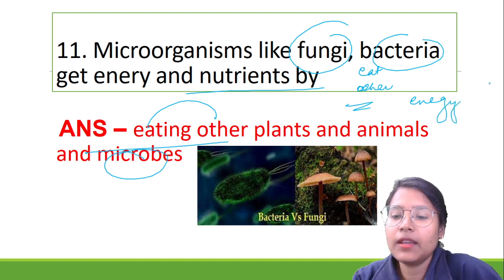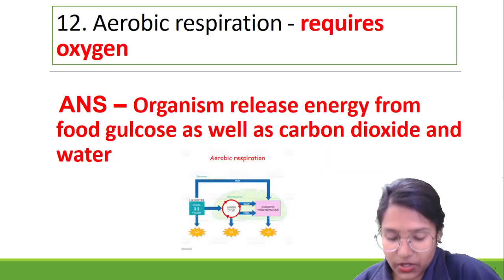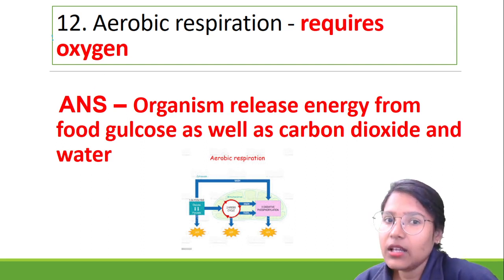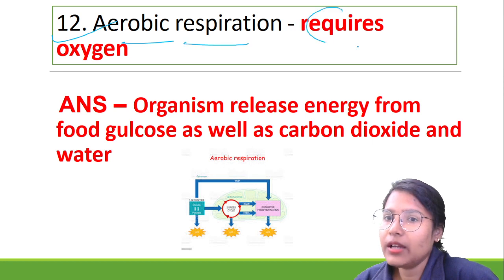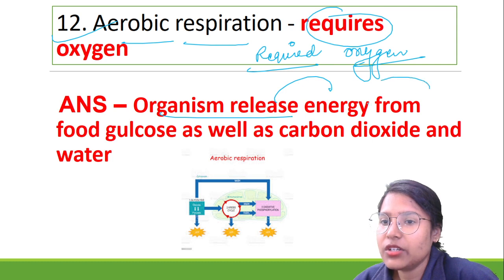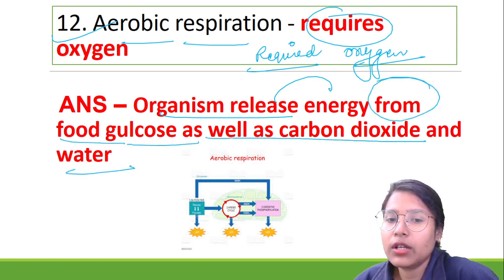Okay, next one is your aerobic respiration. So what is aerobic respiration? Aerobic respiration is the respiration which requires oxygen. Organisms release energy from food, glucose, as well as carbon dioxide and water.